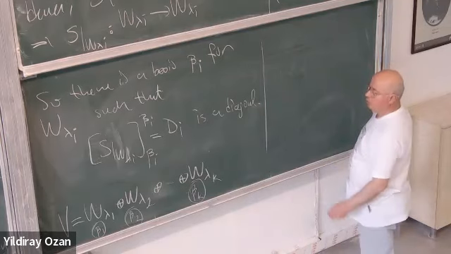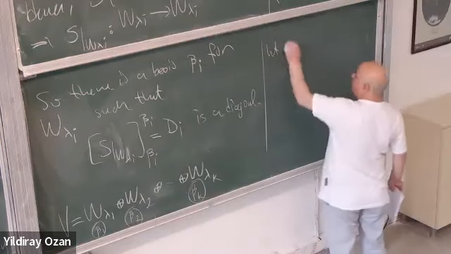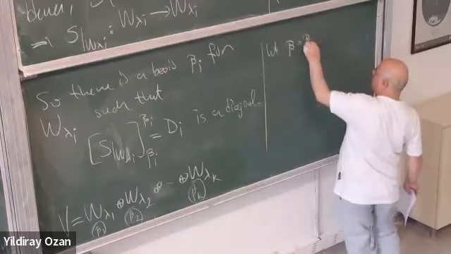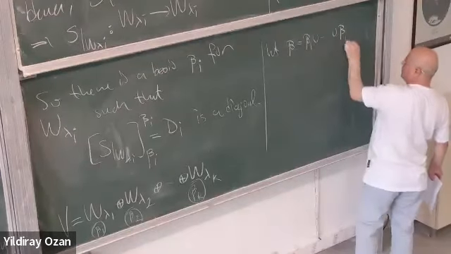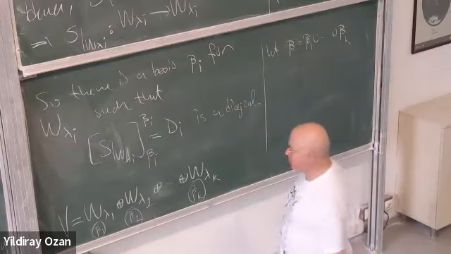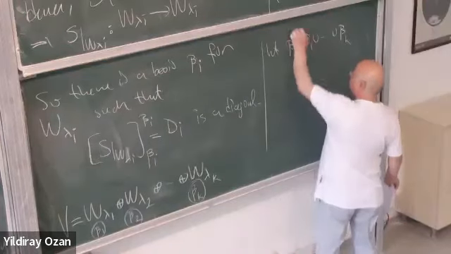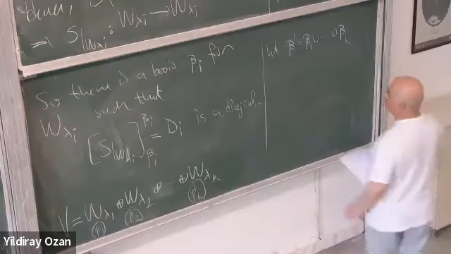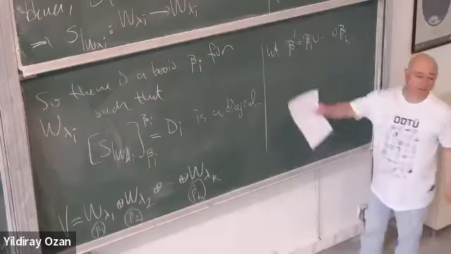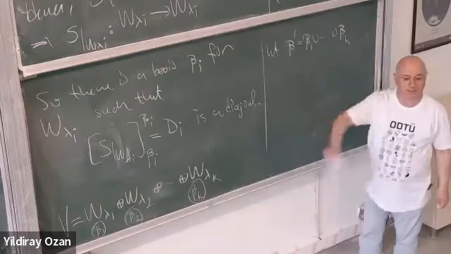So let beta be just the basis beta 1 through beta K. Let me say not beta, but beta prime, because I have already beta there. So this is a new basis, okay? Not necessarily the basis over there.